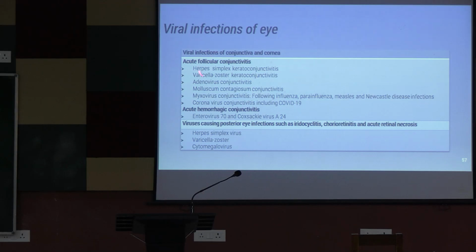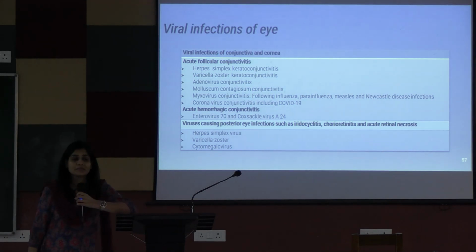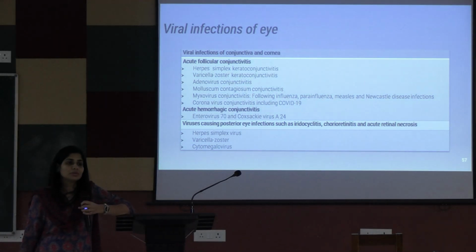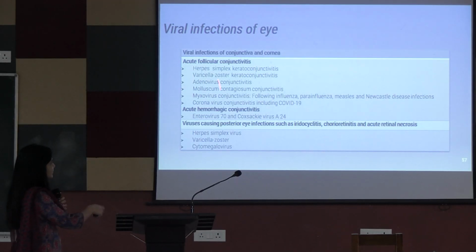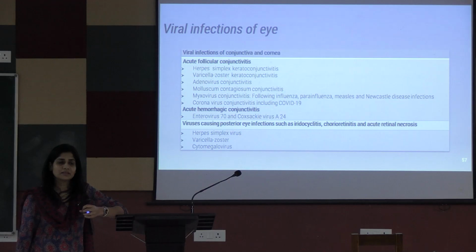What kind of conjunctivitis, what is the route of transmission in case of herpes simplex virus 1 and 2? Two is below the waist infections. One is above. Then varicella zoster. Where is the virus latent?